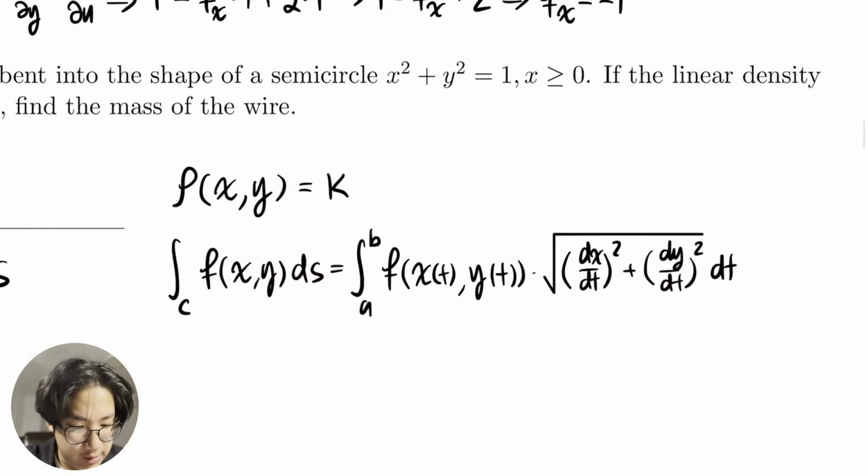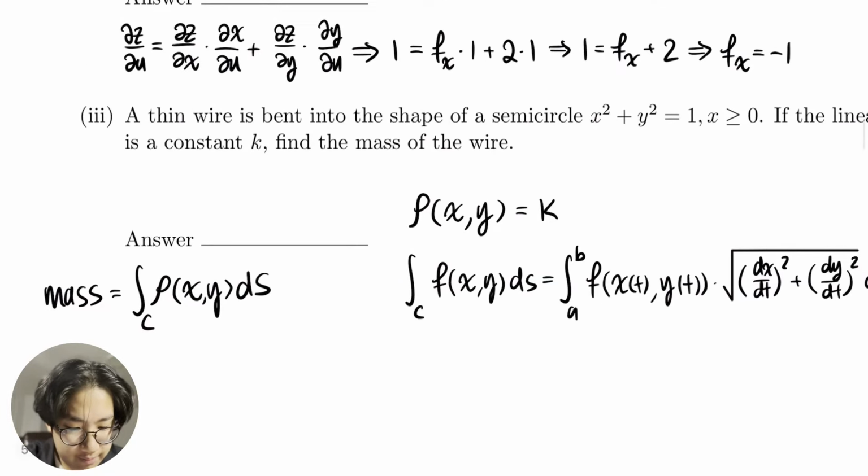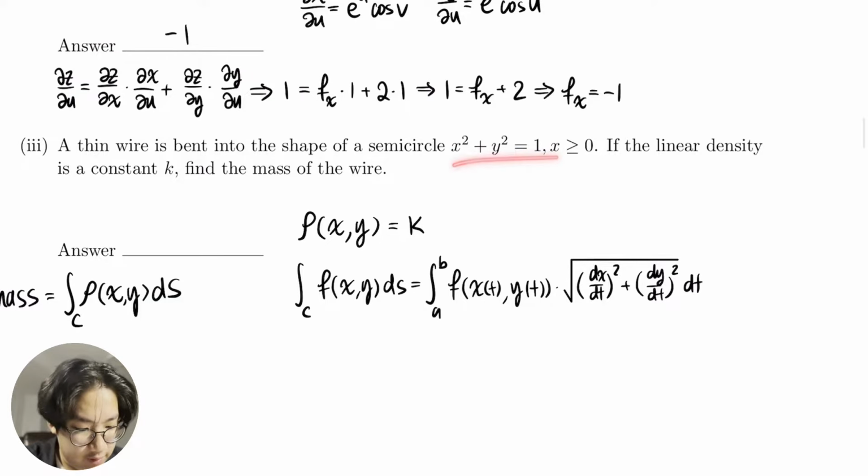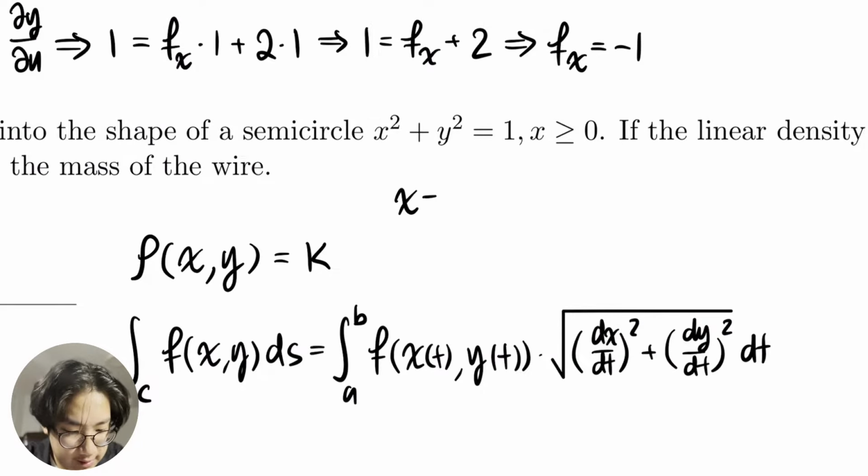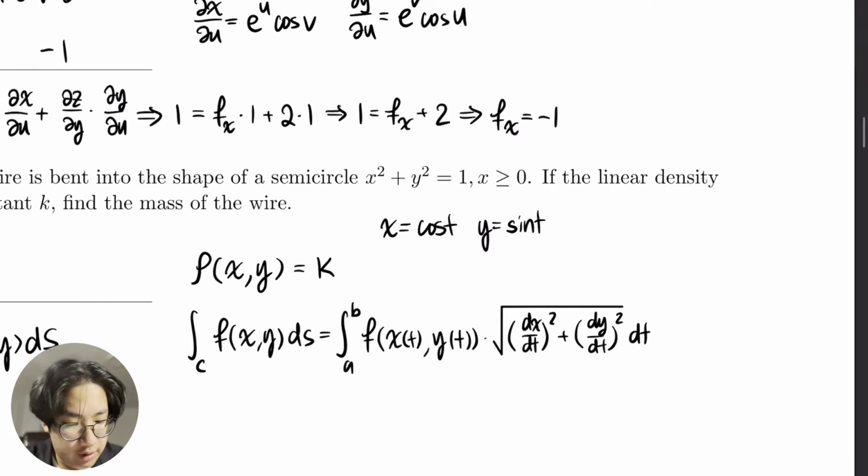So we clearly need to find a parameterization for this curve, and then also compute these portions here. We went with x equals cosine of t, y equals sine of t. In this case, we know that x is greater than or equal to 0.